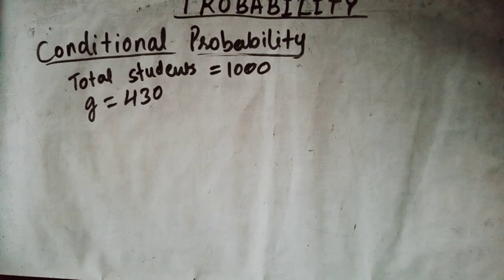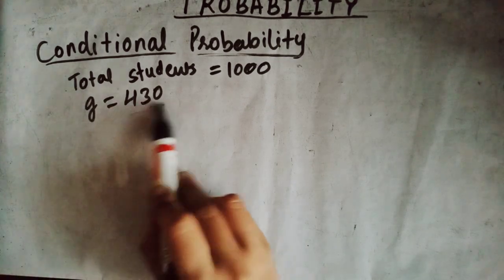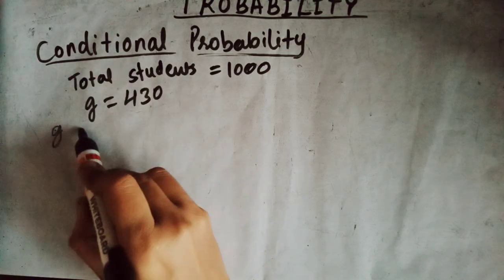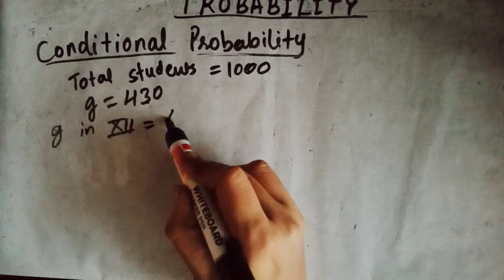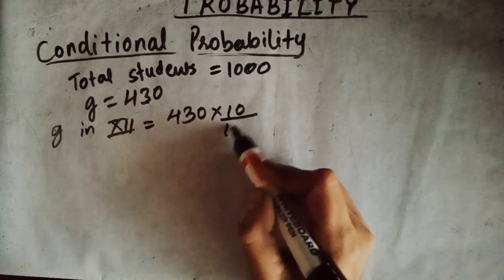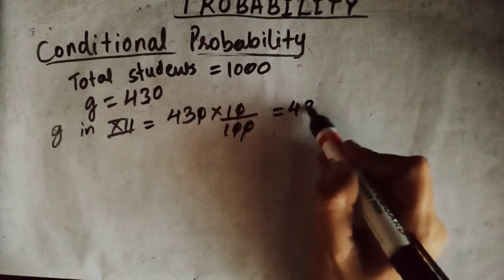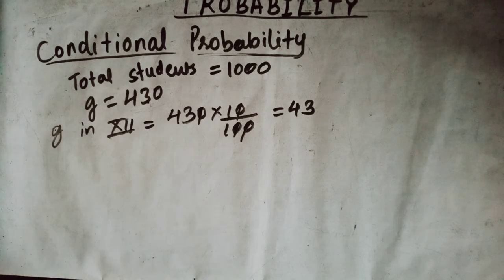It is known that out of 430, 10% of the girls study in class 12th. So girls in class 12th will be 10% of 430. So 10% you have to multiply by 10 by 100, right? So 43 students, means 43 girls are in 12th standard.